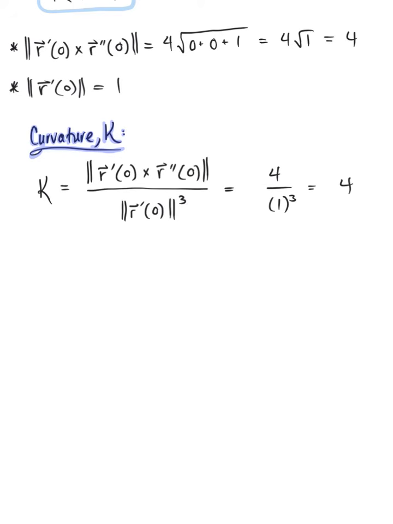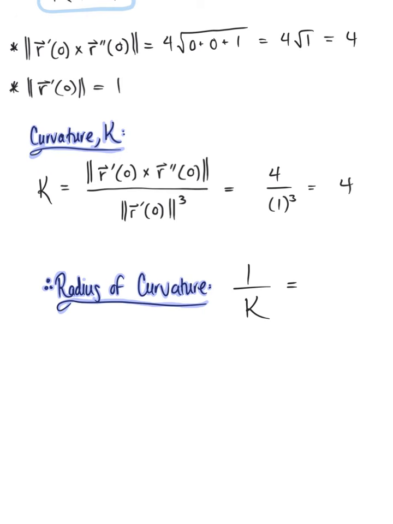Now, be careful. We don't want to get so excited that we found the curvature that we forget our whole goal here is to find the radius of curvature. The radius of curvature for this curve at t equals 0 is defined as 1 by kappa, our curvature. That leaves us with a final answer of 1/4. And so there you have it. The radius of curvature is 1/4.